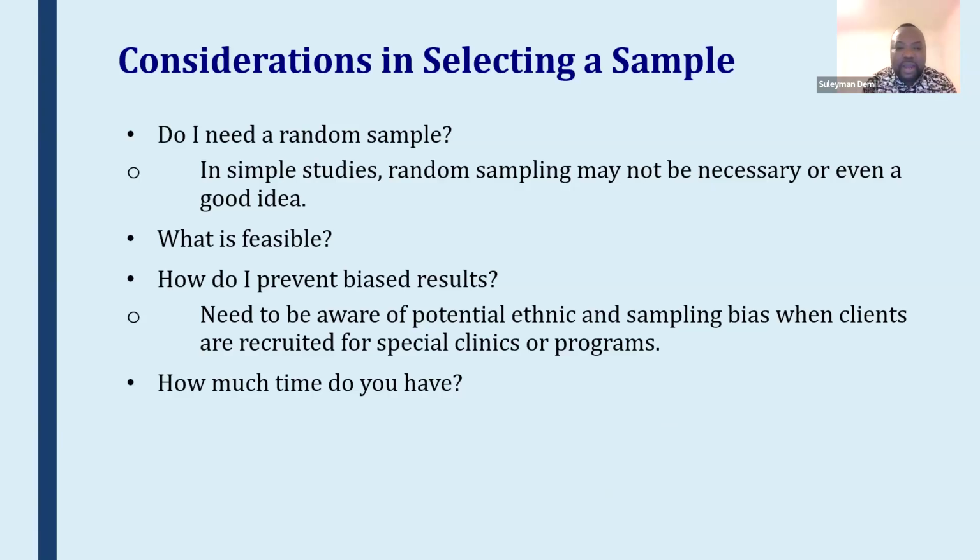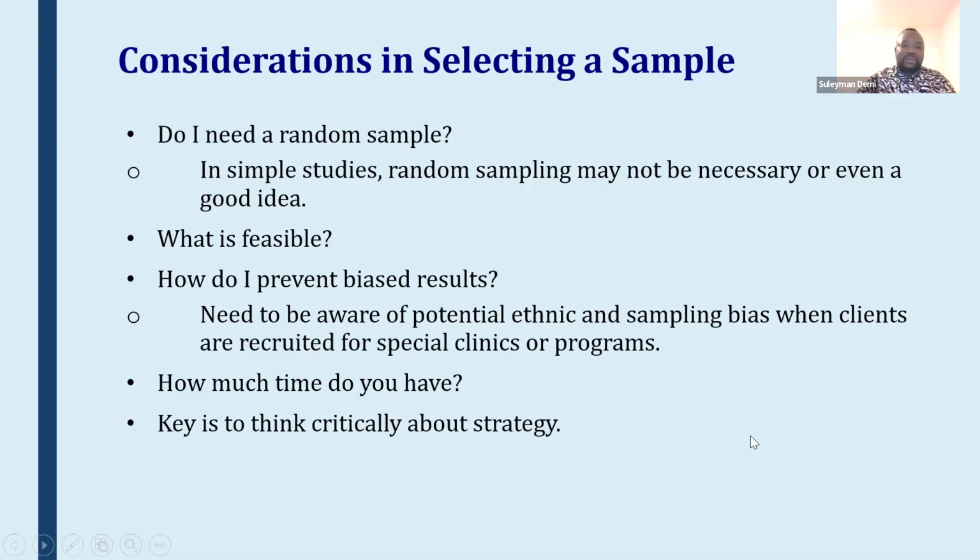So you need to be aware of the potential ethnic sampling bias when clients are recruited for a special clinic or program. How much time do you have? When you are conducting the evaluation, how much time you have can also help you decide which method to use. The key is to think critically about strategy.